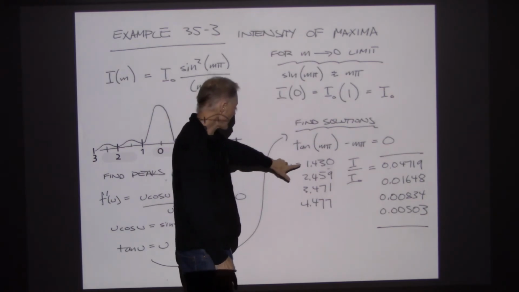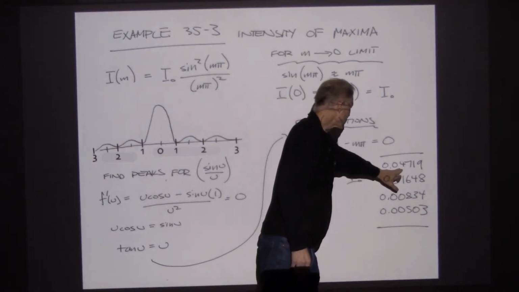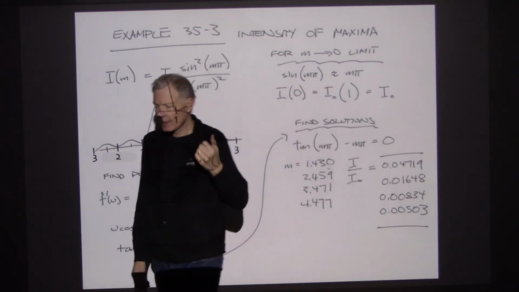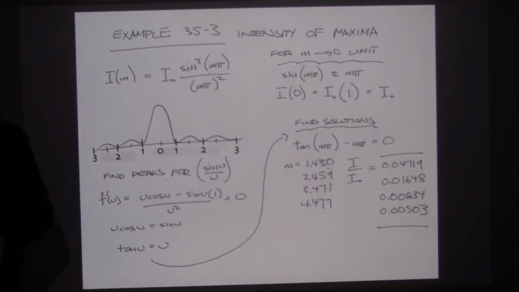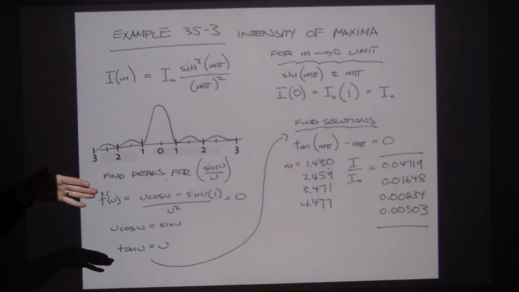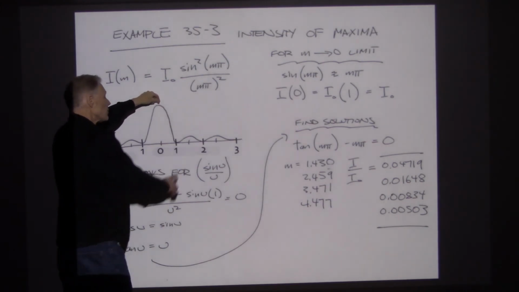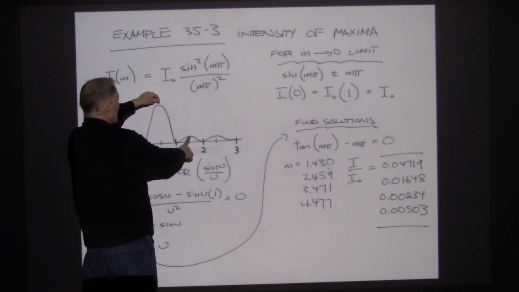And when I solve that for the brightest part of the first fringe, I get 0.04719. And that tells me that the intensity of that first fringe peak is about 4.7% of the intensity at the center of the central maximum. So that's only about 4%. This should be 20 times higher than this.